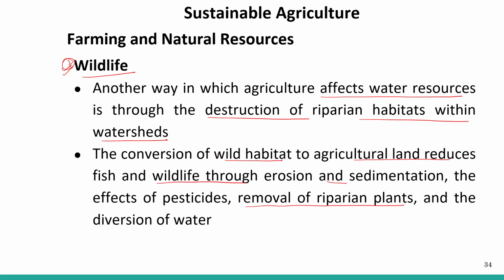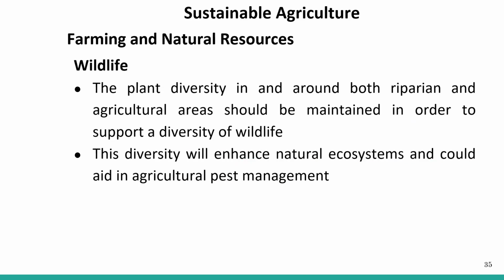So conservation of wild habitat is very important, because this wildlife habitat helps to maintain the water in the soil, right? So if we remove the wildlife, then our water is going to be affected. So the conservation of wildlife is also important in the same way.